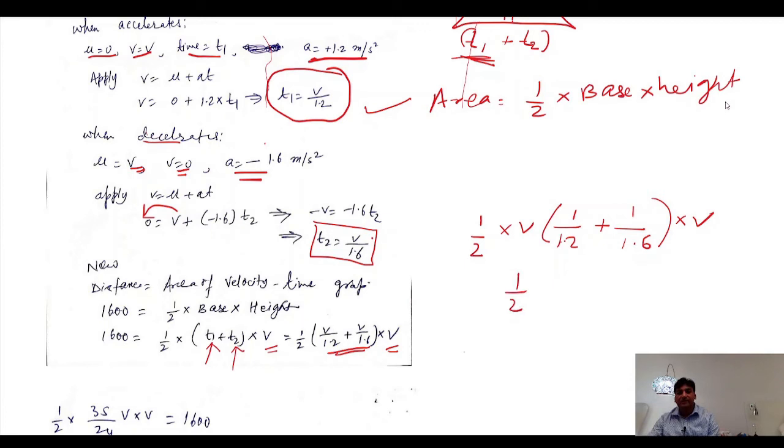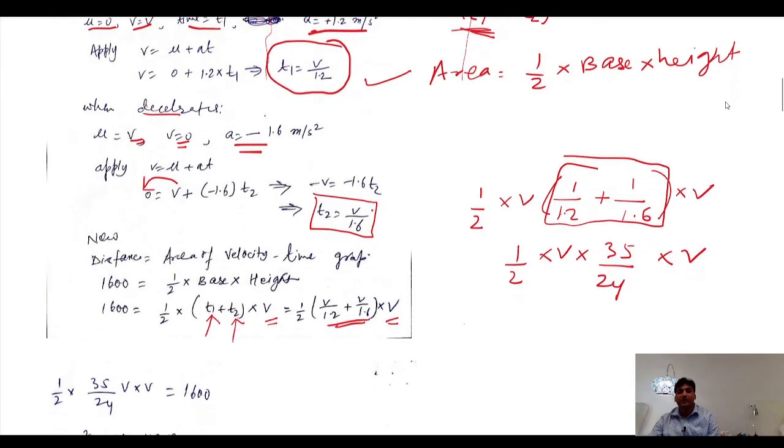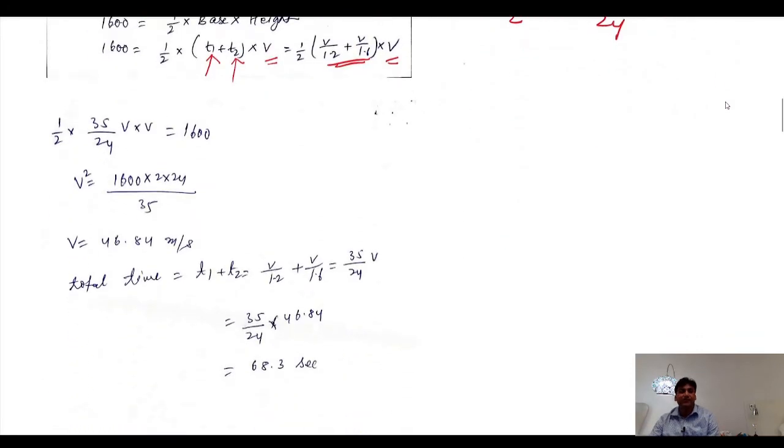So you will get 1 over 2 times v times a calculation, which you can do with a calculator. That will be 35 over 24, and again this v. So this v and this v you can write as v square. Half times this, as I told you, you will get 35 over 24 v, and that is v, right?